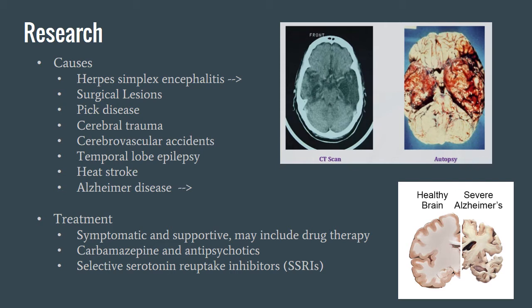Other causes are surgical lesions, Pick disease, cerebral trauma, cerebrovascular accidents, temporal lobe epilepsy, heat stroke, and Alzheimer's disease, which is shown as a picture to the bottom right. Treatments for Kluver-Bucy syndrome are symptomatic and supportive and may include drug therapy. Carbamazepine, which is an anticonvulsant, is the most commonly prescribed drug. Antipsychotics and selective serotonin reuptake inhibitors are also used.